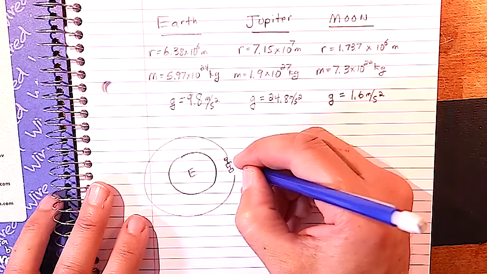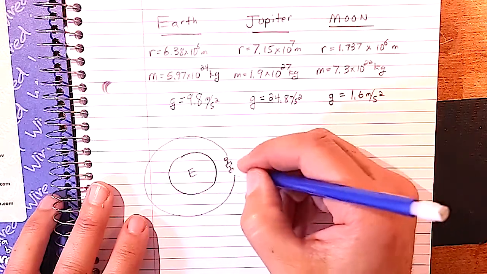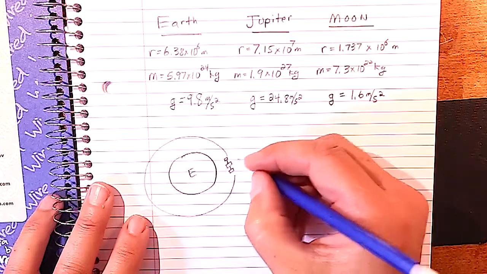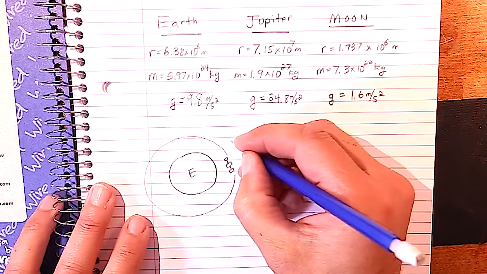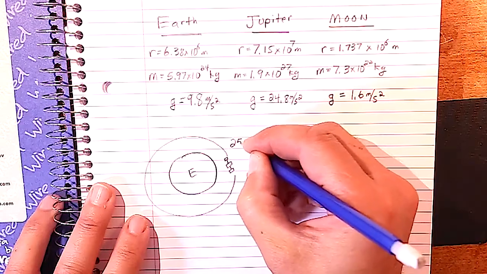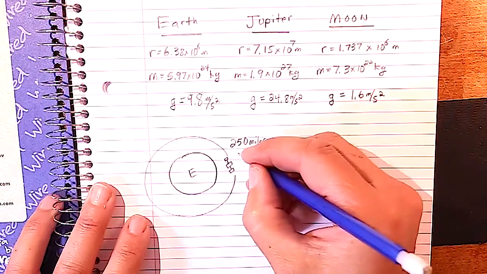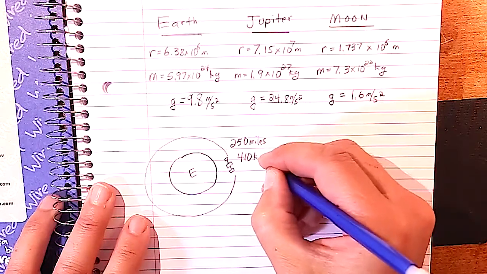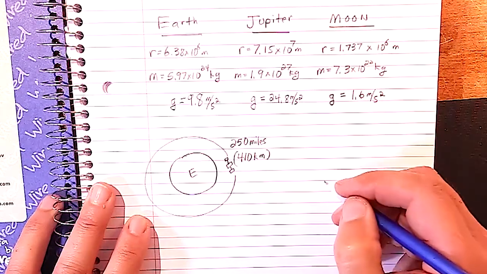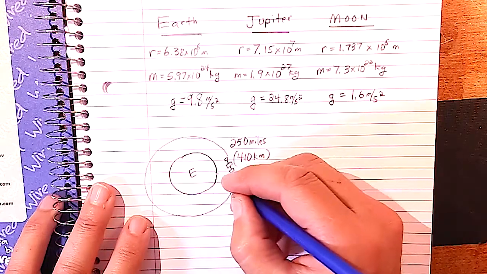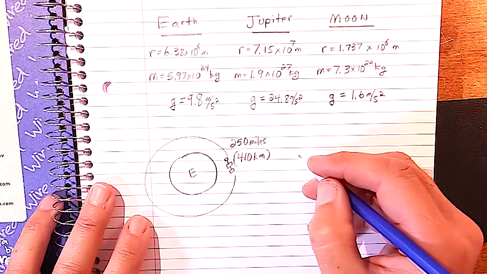But the International Space Station and all of the satellites that are orbiting are only in the hundreds of miles above the surface. So for the International Space Station, it's only 250 miles above the surface, roughly. That's 410 kilometers. So how strong is the gravity on the International Space Station from this distance?